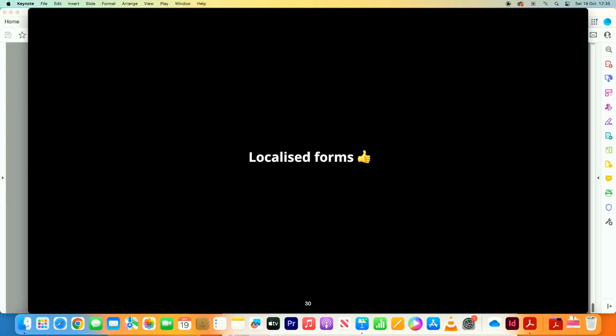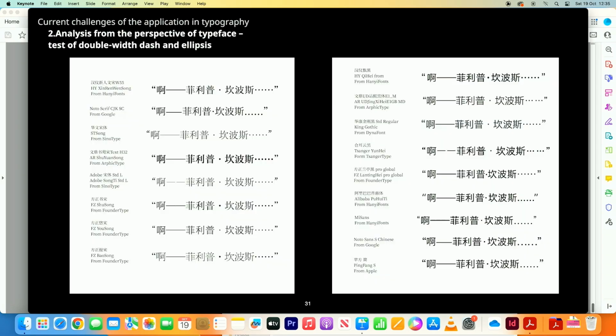A recommended way is to make localized forms for this shared code point punctuation. I list 15 text typefaces here, which are the most popular text typefaces made by Google, Adobe, Apple, and other type foundries in China, to check the most commonly occurring mistakes, ellipses and double slash.